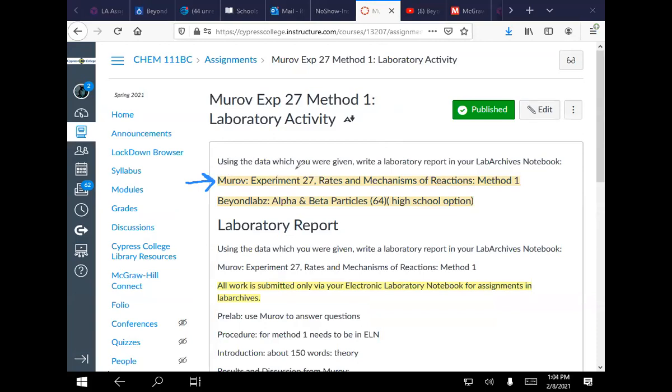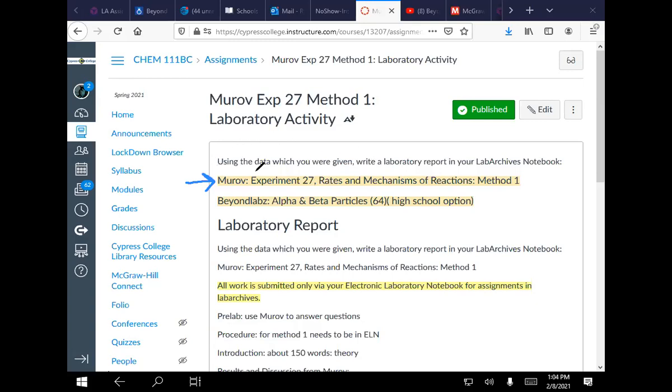So experiment 27, just method 1, that's going to be plenty because you saw those post-lab questions. They had all those tables to fill in and all the graphs to do. But this is what we would do in the face-to-face. You would get the data yourself, and then you'd have to do all those graphs and fill in the tables.